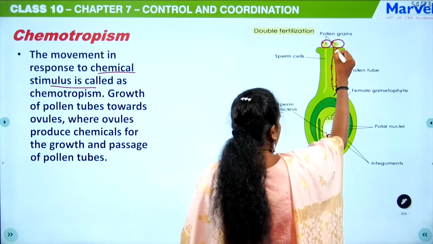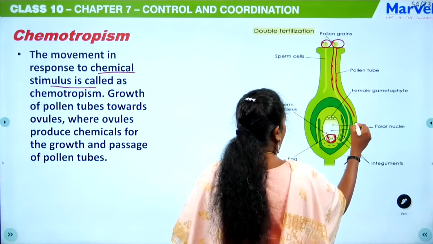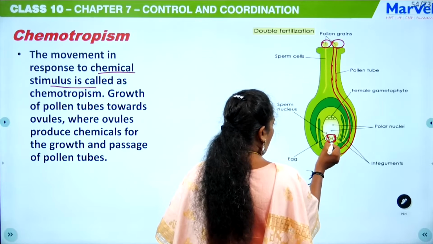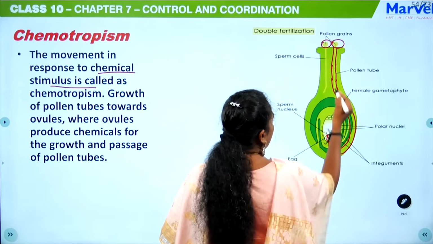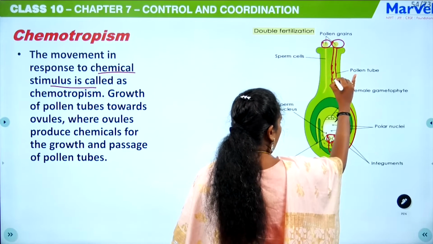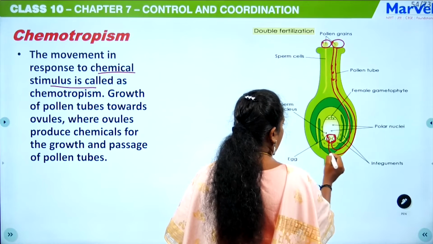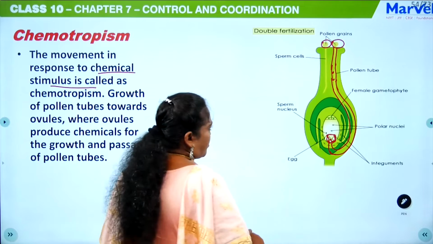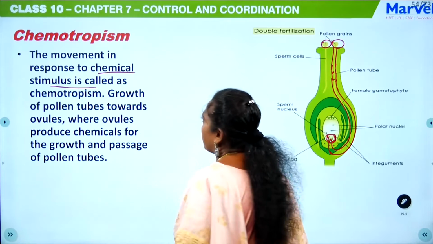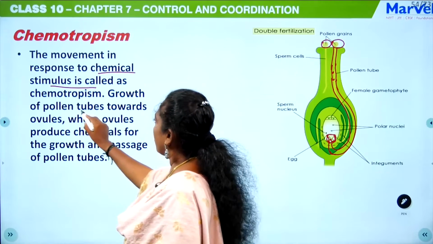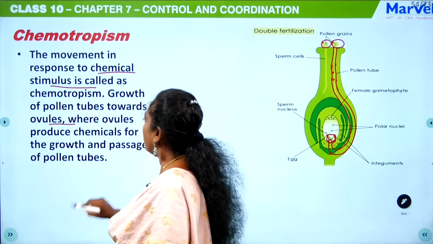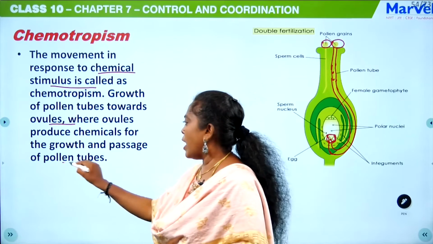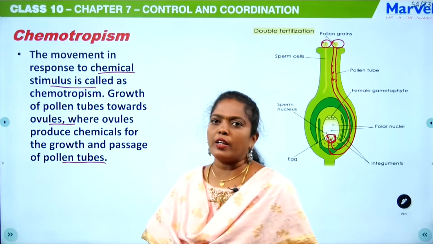This grain will develop a pollen tube, and this tube will grow towards the egg, and the male gametes will be present in it. That gamete will combine and fuse with the egg. That is chemotropism, growth of pollen tubes towards the ovules, where the ovules produce the chemicals for the growth and passage of the pollen tubes.